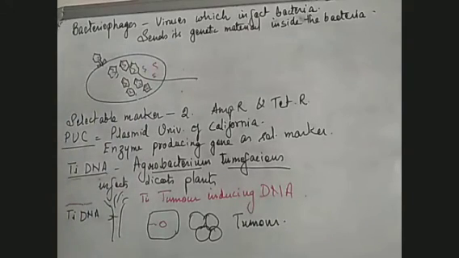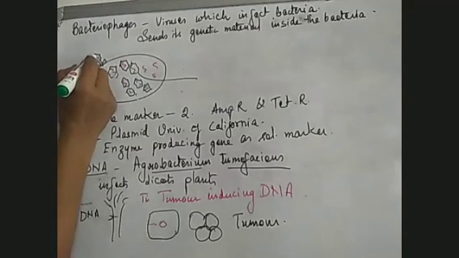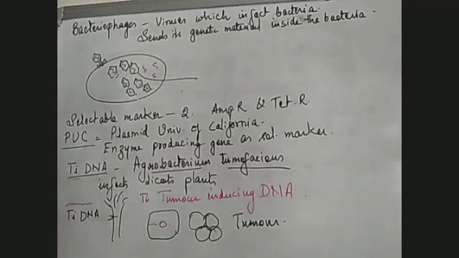That means multiple copies can be formed, and that particular protein can also be synthesized. So what was done by the researcher, to this DNA our gene of interest was added, and then this virus doesn't know that it is carrying a gene of interest also.